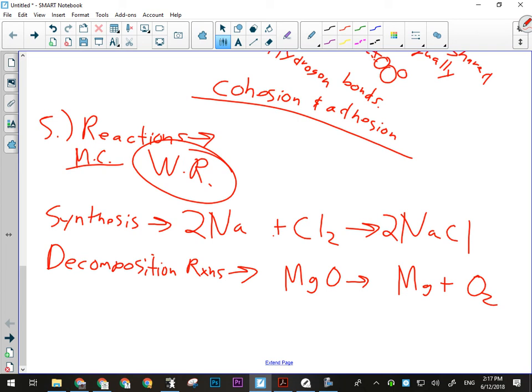Magnesium oxide breaks down into magnesium and oxygen. Remember that if you're predicting a decomposition reaction, you may produce a special element that requires a number on it, like oxygen's always a 2, sulfur is always an 8, phosphorus is always a 4. Those kinds of things, so keep those in mind. This reaction is not balanced. I have to put a 2 there and a 2 there.